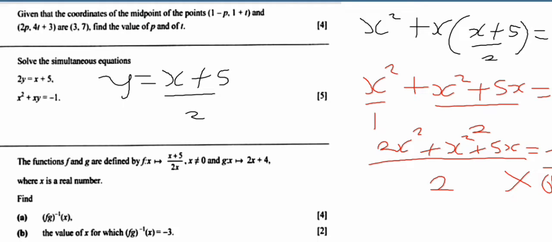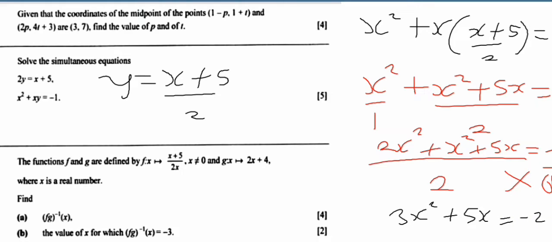Now remember, here we are having 2x squared plus x squared. So when we add, we are going to get 3x squared plus 5x being equal to negative 2.